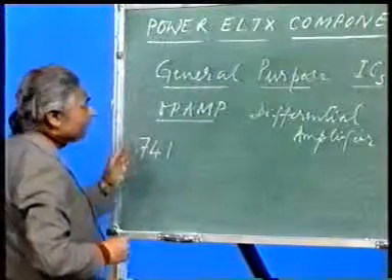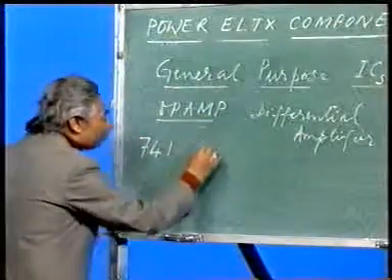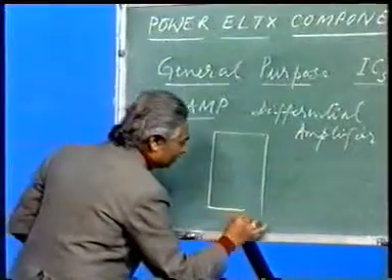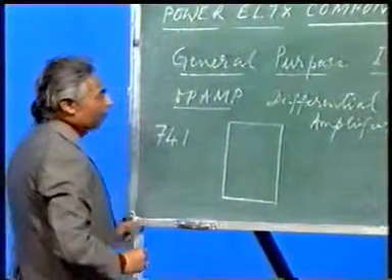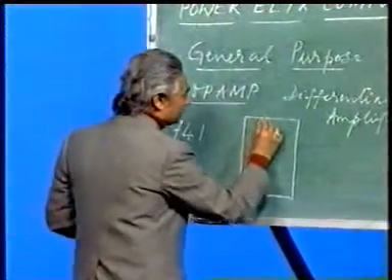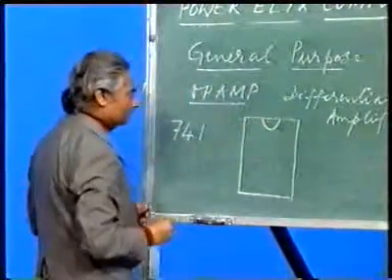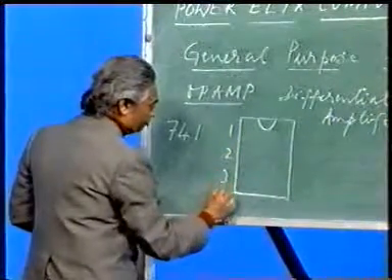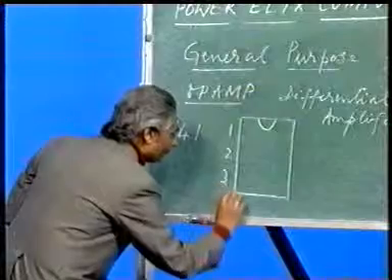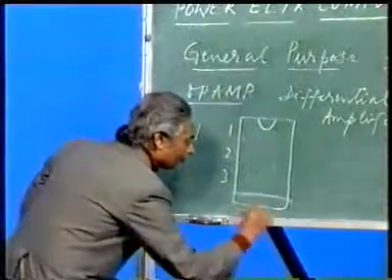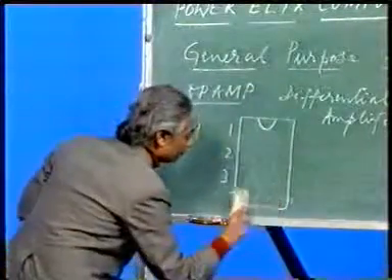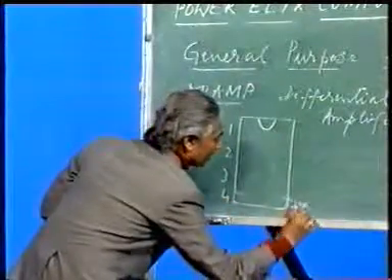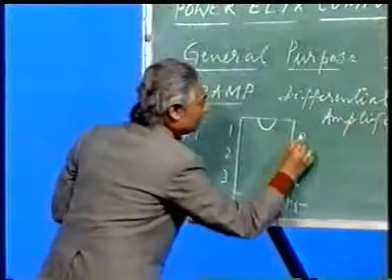Now before we go into detail, we have to know a little bit about ICs, their construction and pin configuration. If you look at an IC, you will find that there is a groove or sometimes a dot, and the pins are numbered like this: 1, 2, 3, 4, 5, 6, 7, 8.